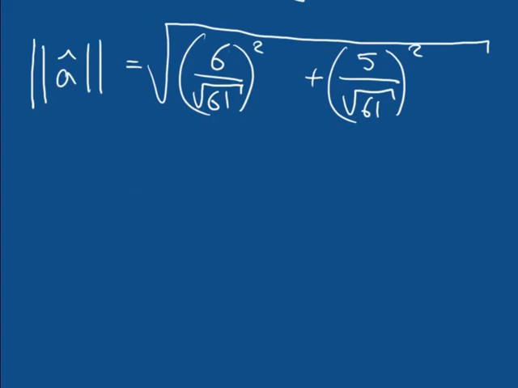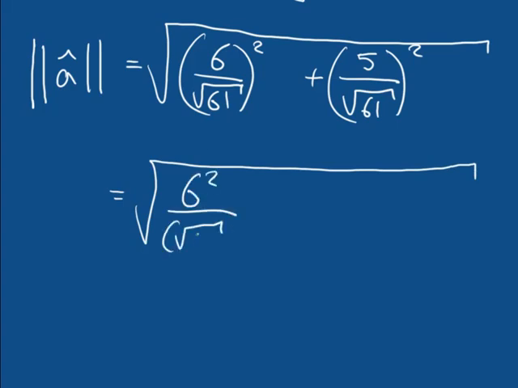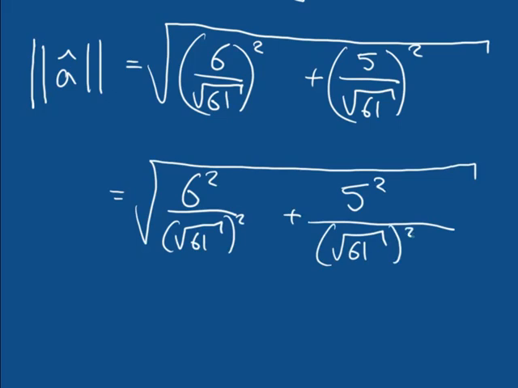And the step is that if we have a fraction squared, it's equal to the numerator of the fraction squared over the denominator of the fraction squared. So it's equal to the square root of 6 squared over the square root of 61 squared, plus 5 squared over the square root of 61 squared.